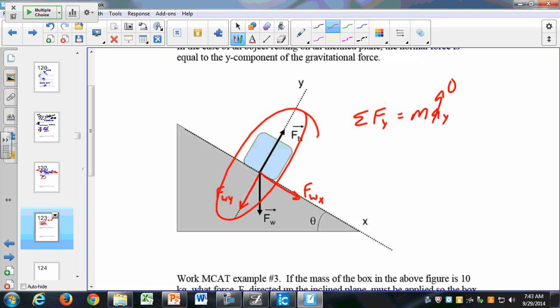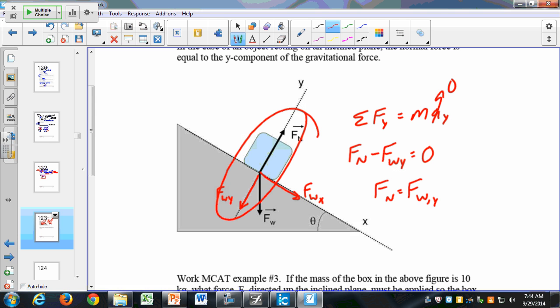AY is equal to 0. So then I can say that Fn minus FWY is equal to 0, or Fn is equal to the y component of the weight in this case. When there are no other forces acting upon it in the y direction, the normal force is just equal to the y component of the weight.